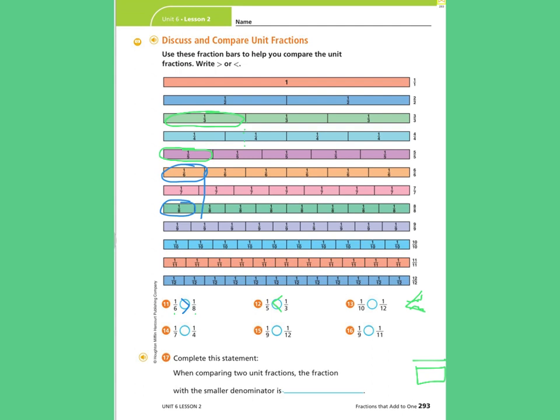The smaller denominator, which would be 6, was bigger. 5 and 3. The smaller denominator, again, was bigger. So on the bottom where it says the fraction with the smaller denominator is, we're going to use the word greater or bigger.